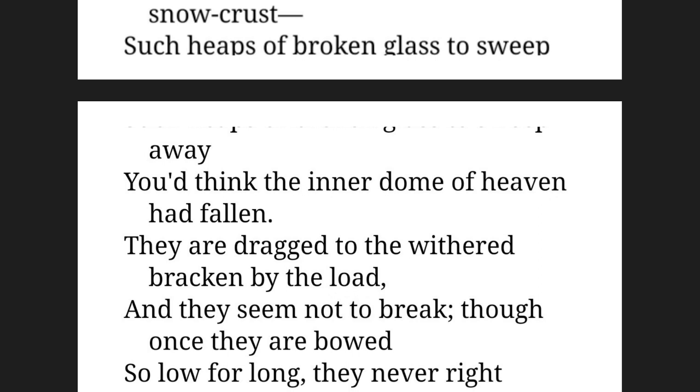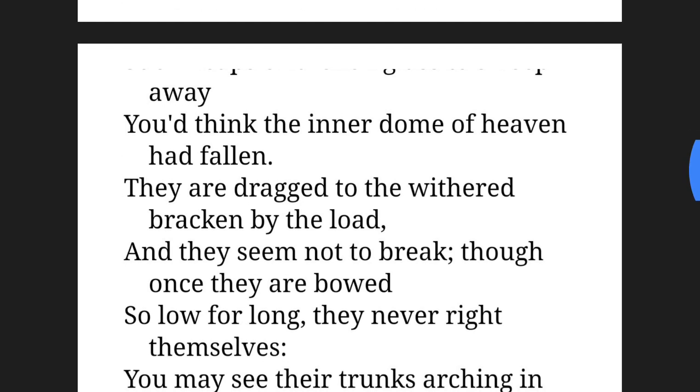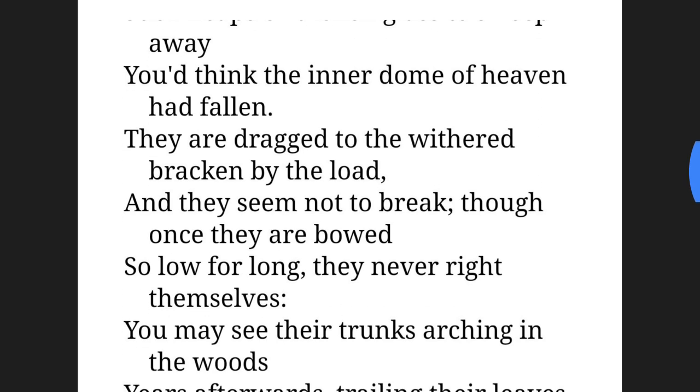It seems as though the inner dome of heaven, which is made of glass, has broken somehow, and all the glass has fallen from the sky upon the ground below. They are dragged to the withered bracken by the load, and they seem not to break, though once they are bowed so low for long, they never right themselves.